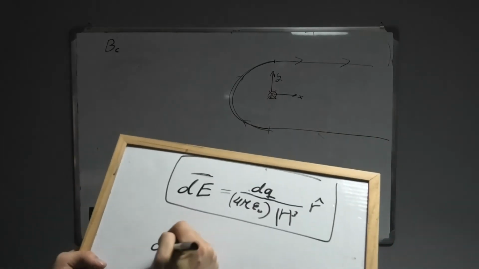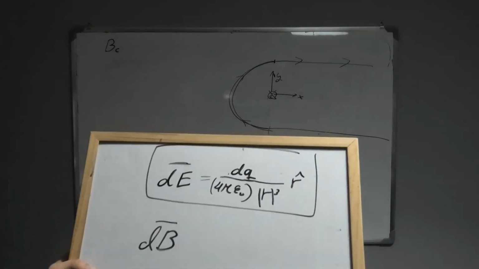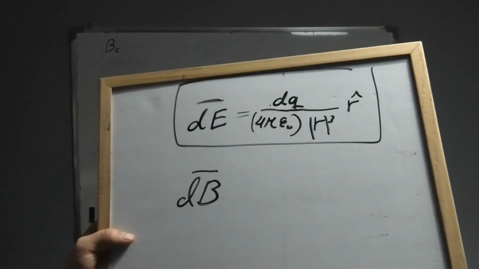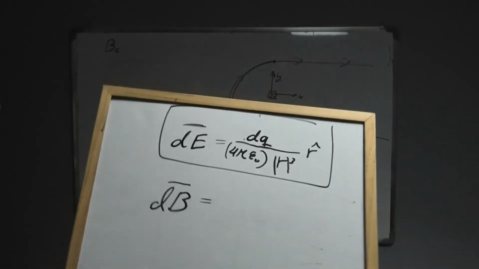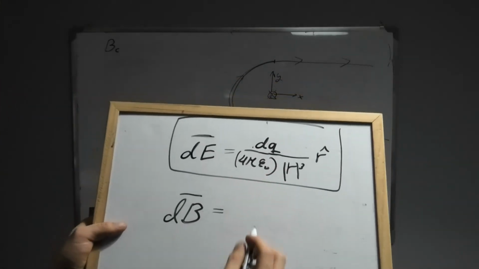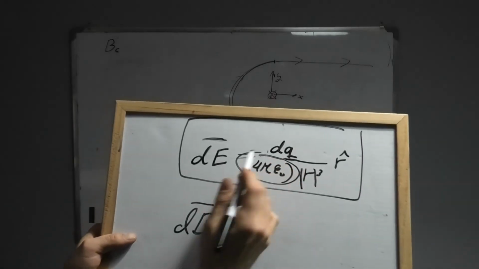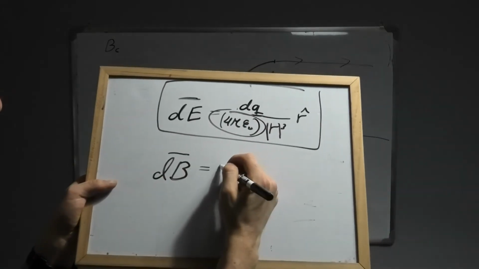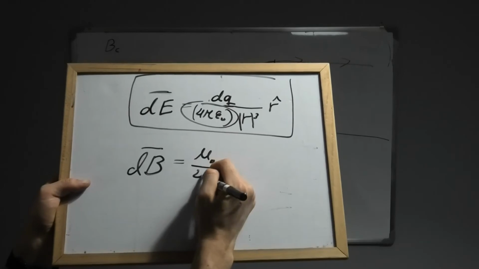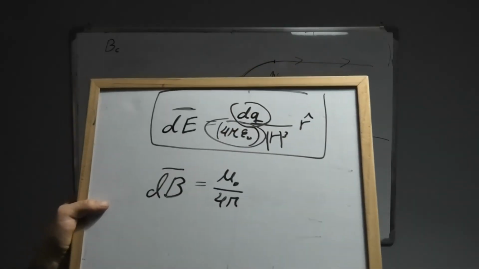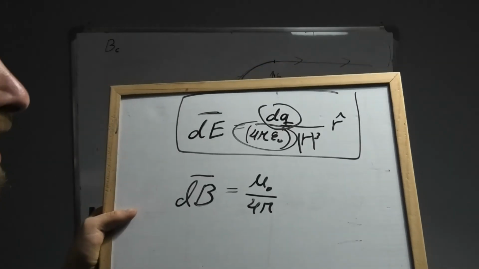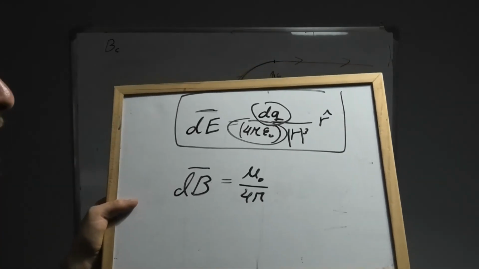So right now we're going to have Biot-Savart. And Biot-Savart states something pretty similar to it. It states that a small contribution of magnetic field from a part of a wire, dB, is equal to a constant. Familiar constant. So it's going to be mu 0 over 4 pi. And remember that we are not dealing with dq in a magnetic field, we're dealing with a charge that is moving.